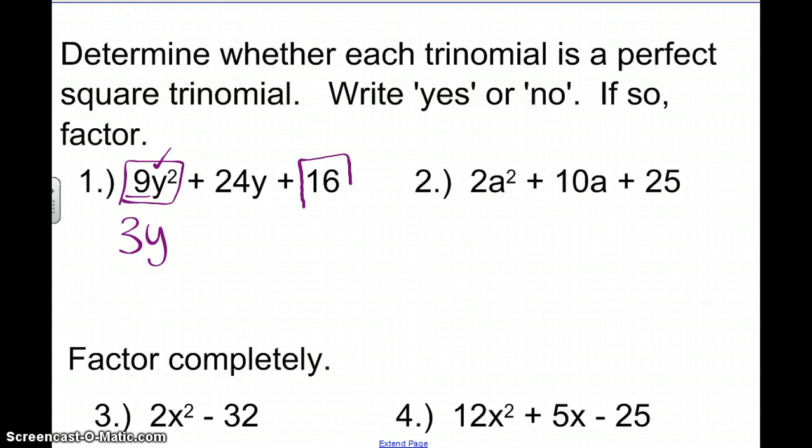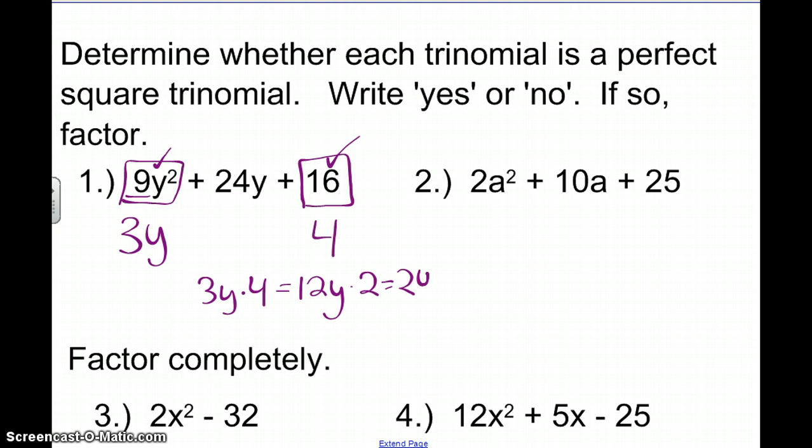Now we look at the last term, 16. That is also a perfect square because the square root of 16 is 4. Now we multiply our 3y times 4 is 12y and double it to get 24y. And that fits our middle term.